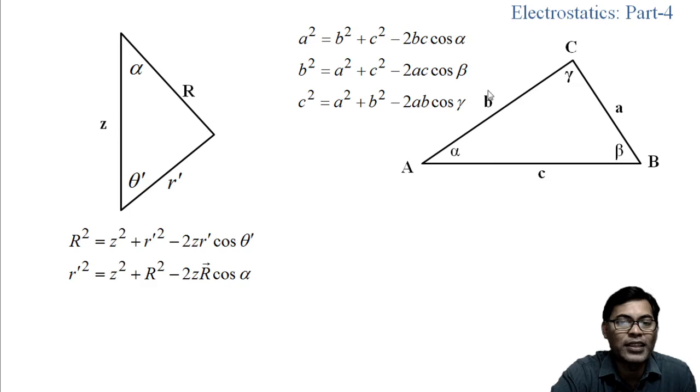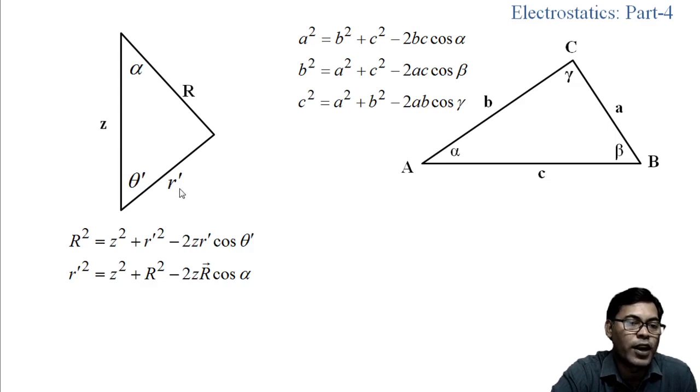Now comparing this expression with the diagram which we have taken to discuss, you see that this is R, this is r prime, this is z, this is theta prime, this is alpha. So here capital R square equals z square plus r prime square minus 2 z r prime cos theta prime.